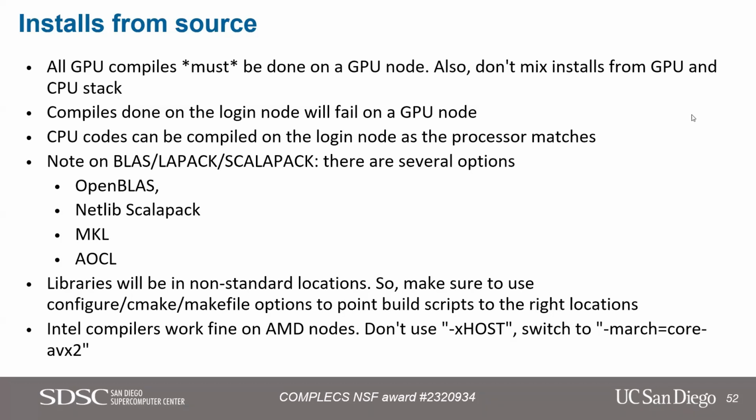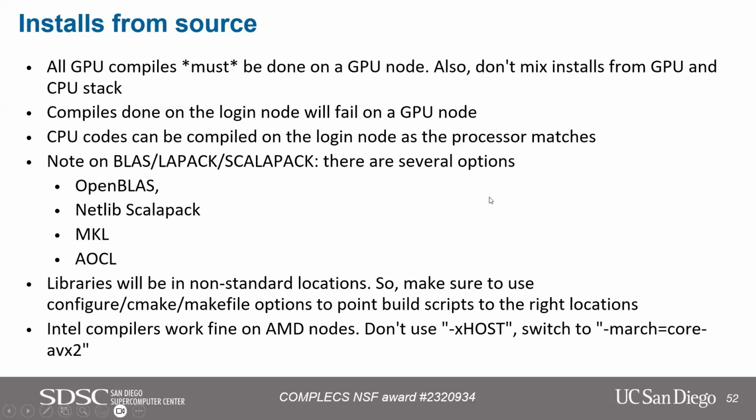Again, those libraries will be installed in standard locations, which can be configured by some options specified in your configure command or in the makefile. So you can point the build scripts to the right locations.